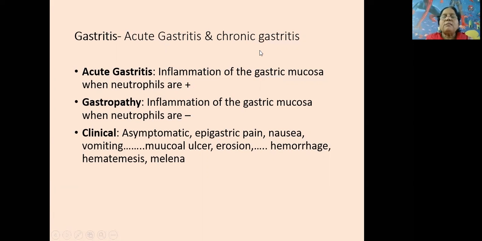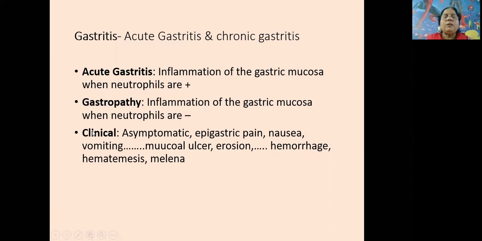Of course, the histology also differs: in acute gastritis the cells are different, and in chronic the cells are different. So in acute gastritis, it's an inflammation of the gastric mucosa, but neutrophils are present. And when neutrophils are absent with inflammation, we call it gastropathy.